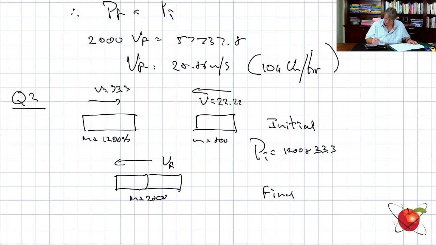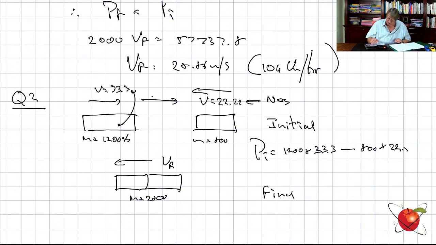This guy, right, there they are. And minus 800 times 22.2. Minus why? Because this is a negative. It's going the opposite way. In other words, I have chosen that direction as positive. Okay. Not that difficult if you think about it, is it?